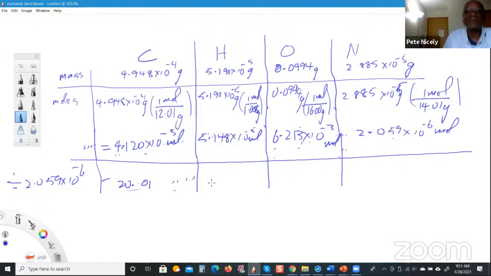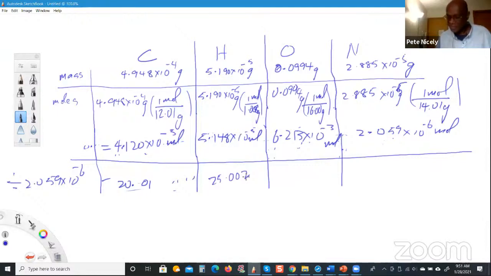In the case of hydrogen, it's 5.148 times 10 to the minus 5 divided by 2.059 times 10 to the minus 6 equals, and according to my calculation, this works out to be 25.002.